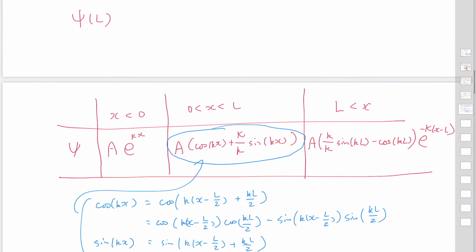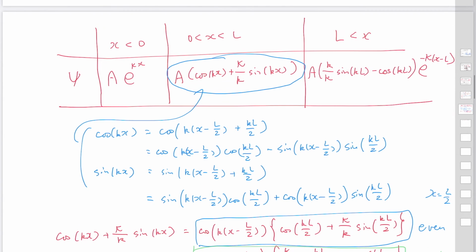So we compare these two terms. If you substitute x equal L, you can just compare the inside of these parentheses.